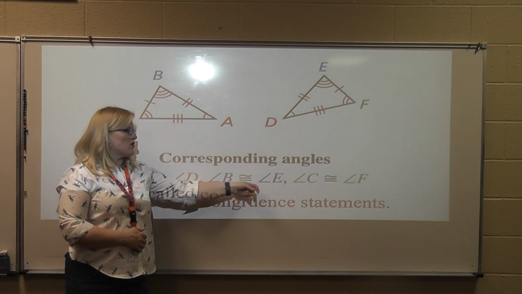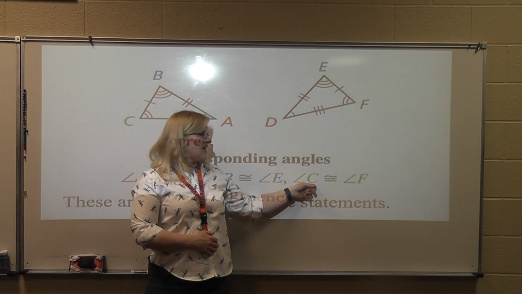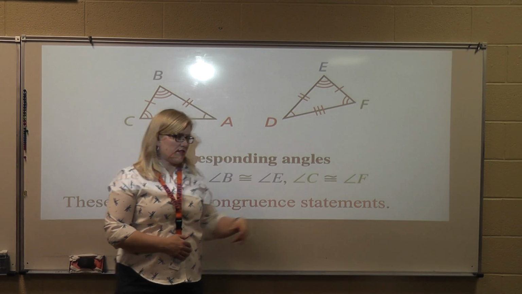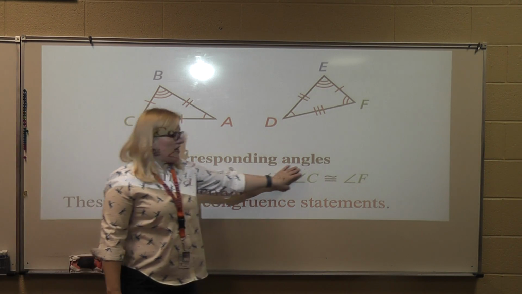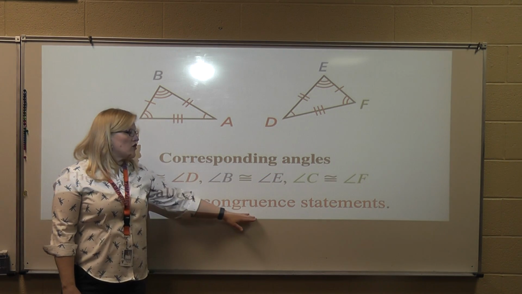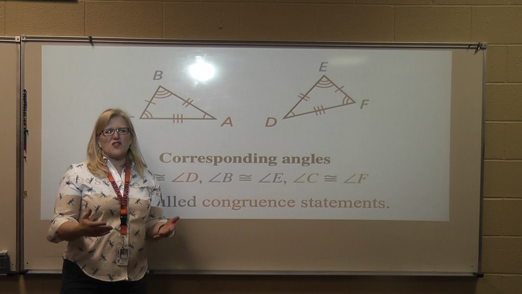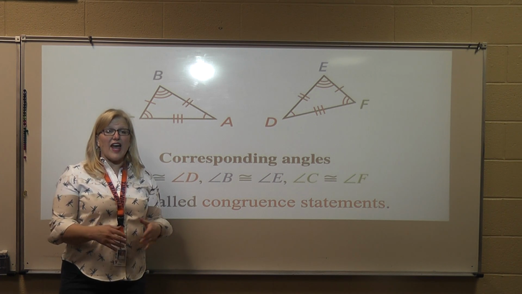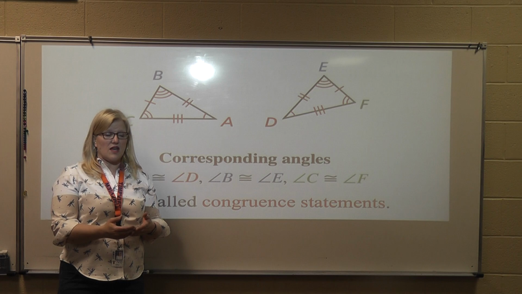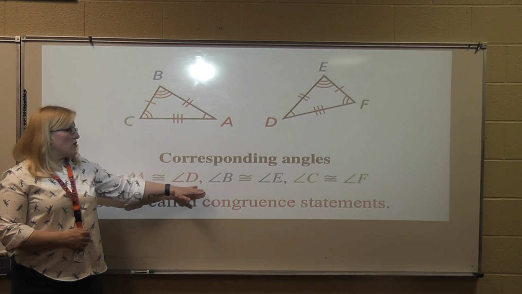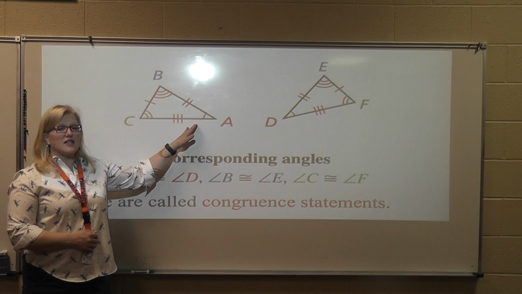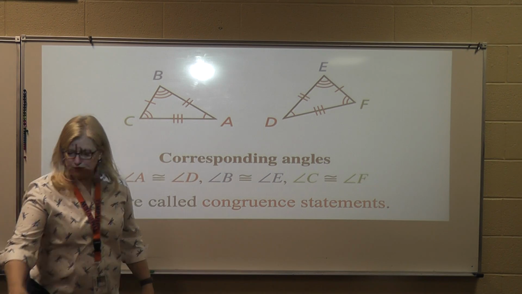Angle B is congruent to angle E, and angle C is congruent to angle F. These statements right here are called congruent statements. So when they ask you for these things on the homework, they're going to ask for congruence statements, and this is what they're looking for. So these are congruent statements for corresponding angles.